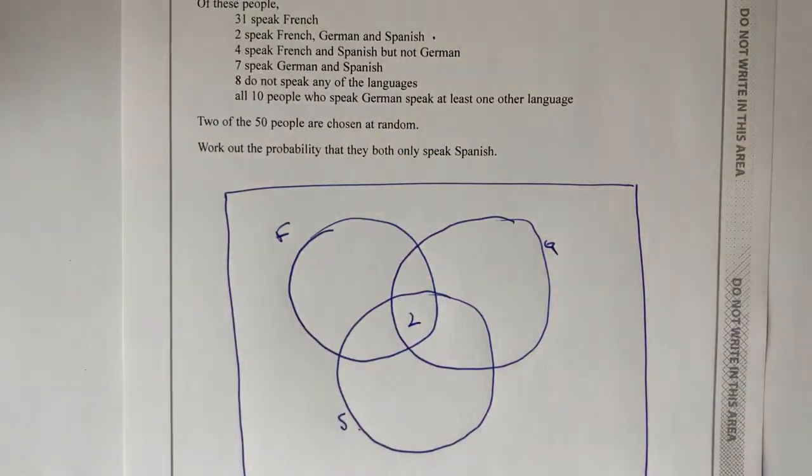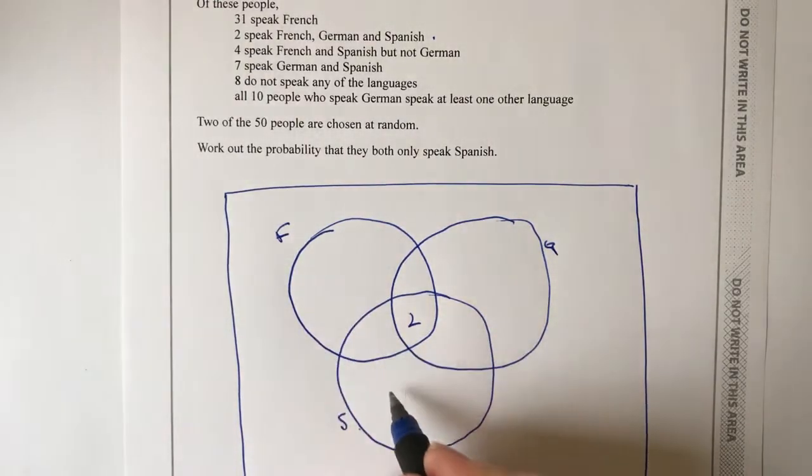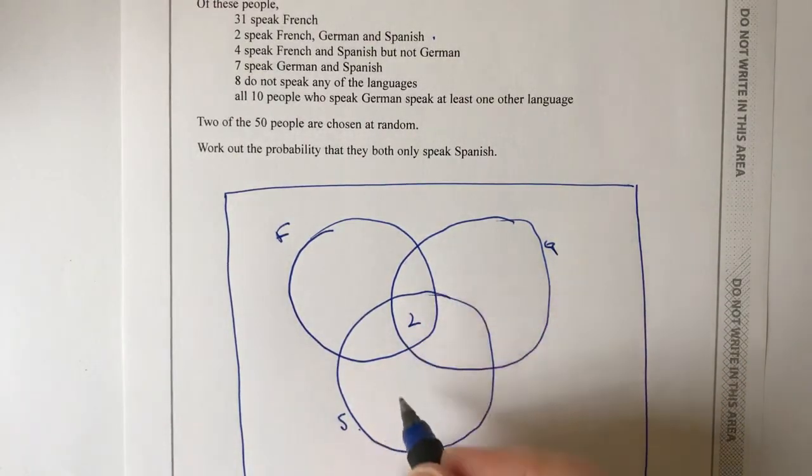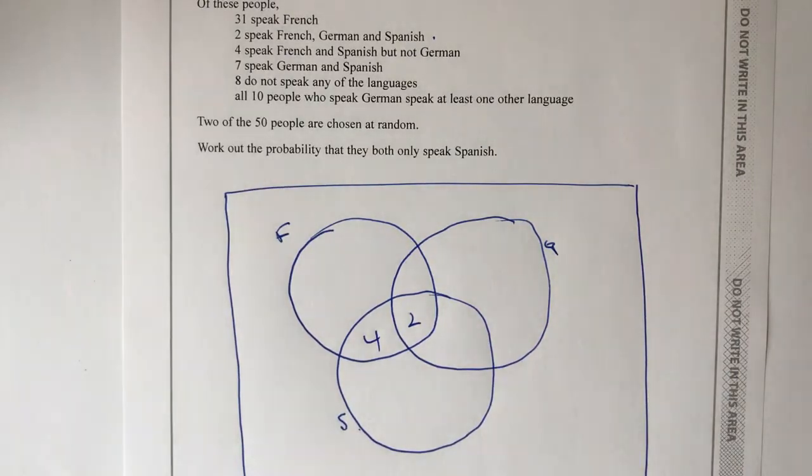Then 4 people speak French and Spanish, but not German. That's all right, I can put 4 into there because this is French and Spanish, doesn't include German. Then 7 speak German and Spanish.